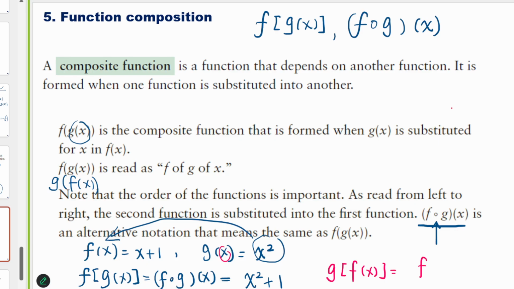So when the input is f(x), the output will be f(x) squared. Just write one more step. So what is f(x) now? f(x) is x plus 1. So that's simply x plus 1 squared, right? You get it? Any questions?